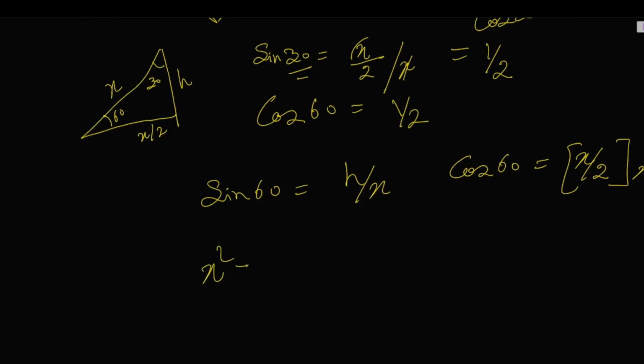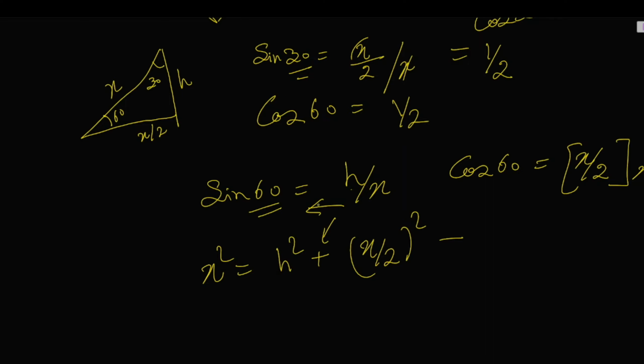x square is equal to h square plus x by 2 whole square from Pythagoras theorem. So that means, we are trying to find the value of sine 60, right? So let's replace h by x sine 60. We take it here and replace it in this equation.